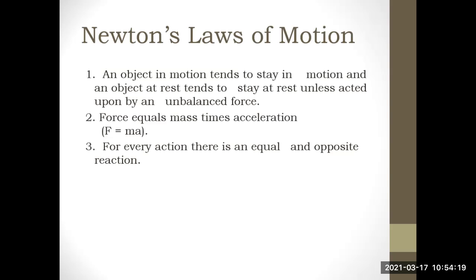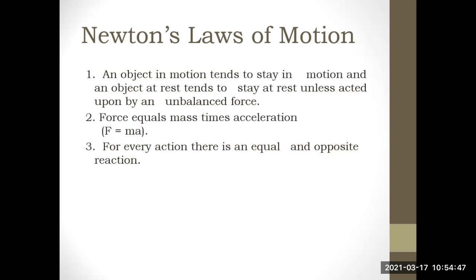Now see what three laws of motion Newton has taught us. First, an object in motion tends to stay in motion and an object at rest tends to stay at rest unless acted upon by an unbalanced force. Second, force equals mass times acceleration, that is F equals m into a.